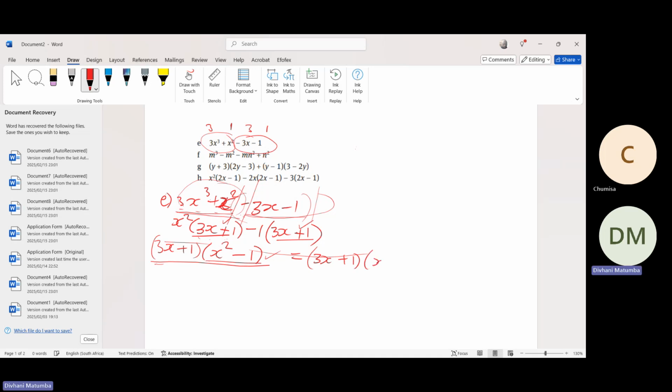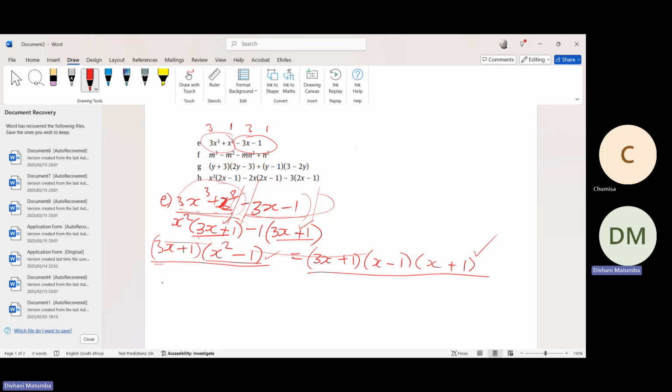This is the difference between two squares, which is going to be plus and minus. You agree? Yes, sir. So you get all your full marks if you end it right there.